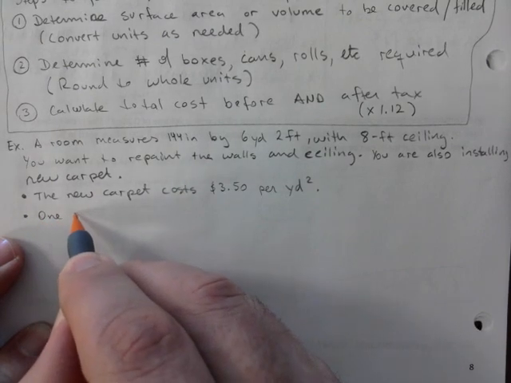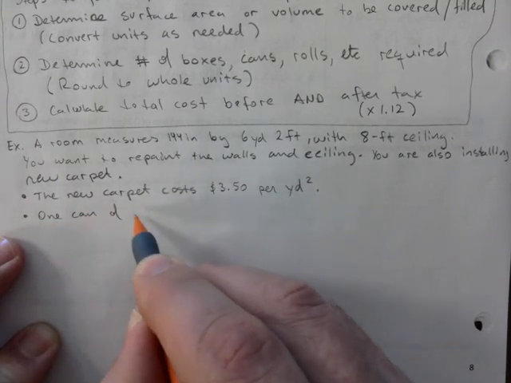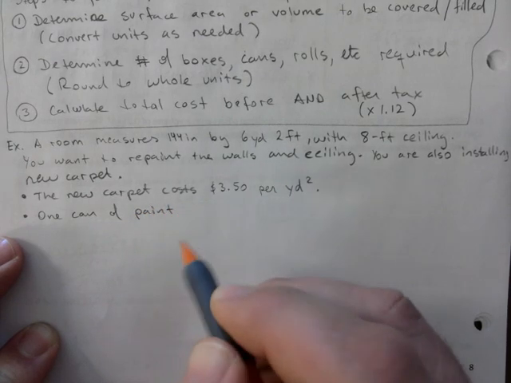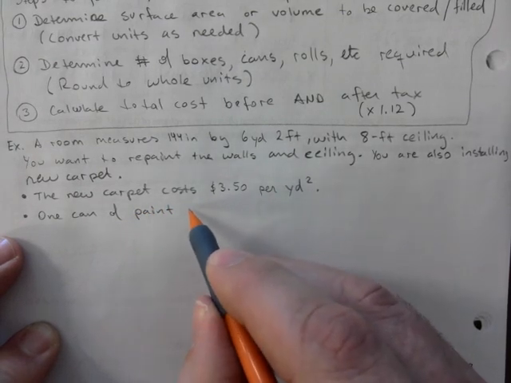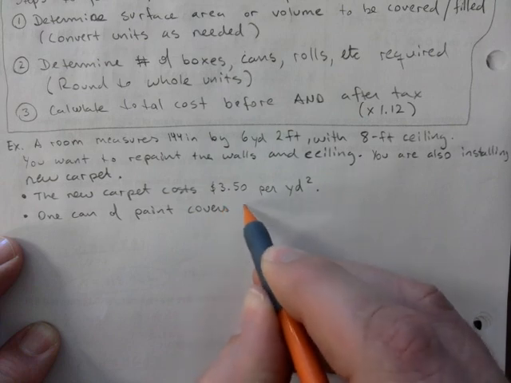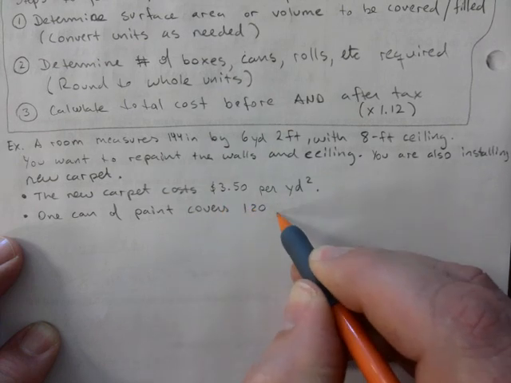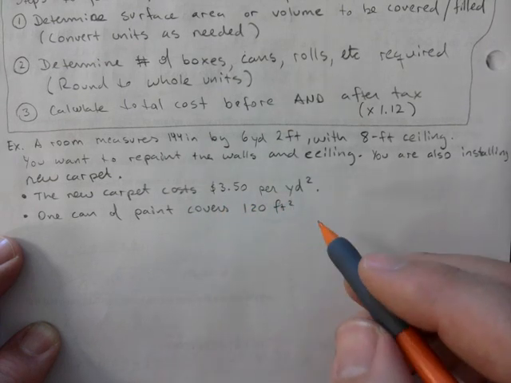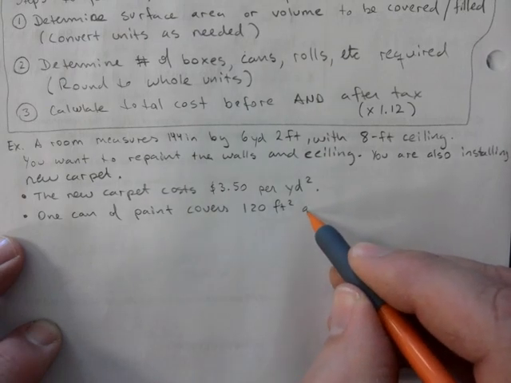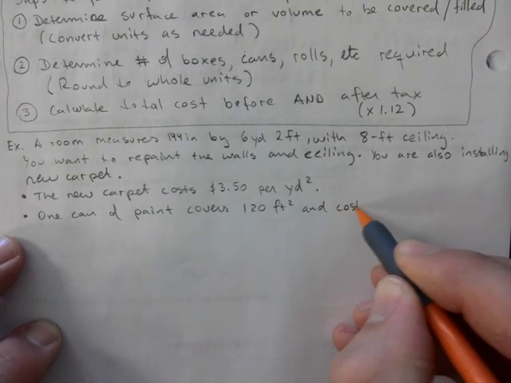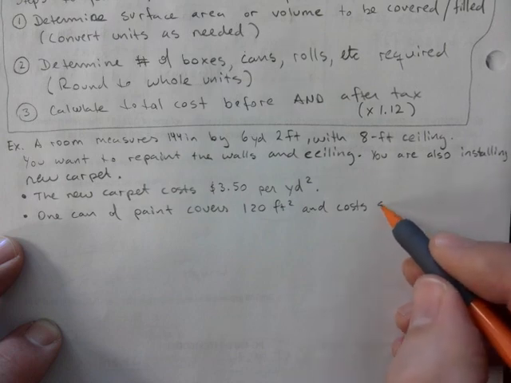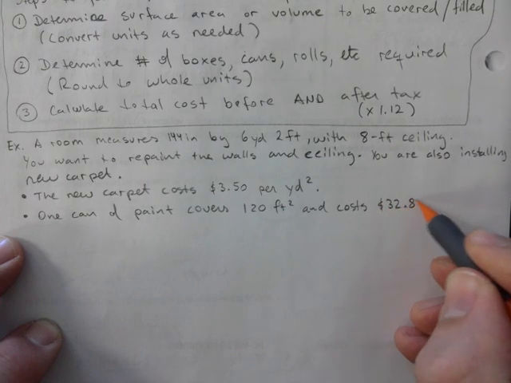One can of paint covers 120 square feet and costs $32.89.